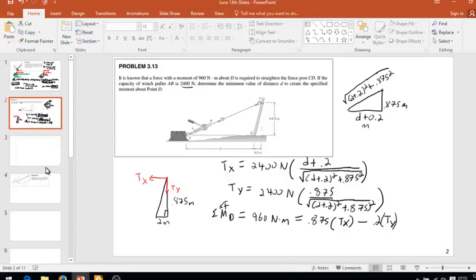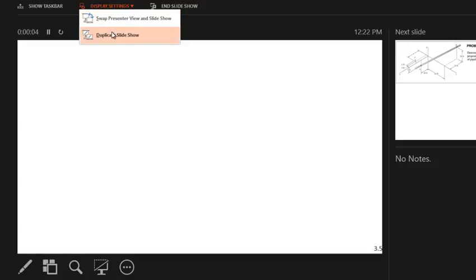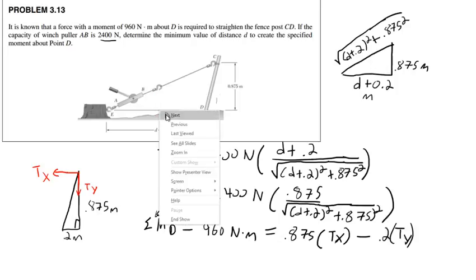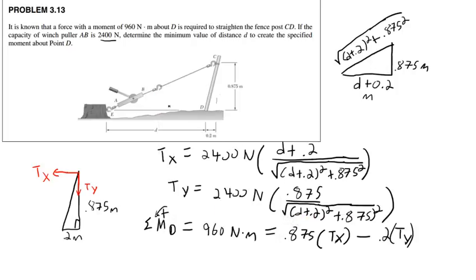I copied the wrong picture, because they use the same pictures between different questions.